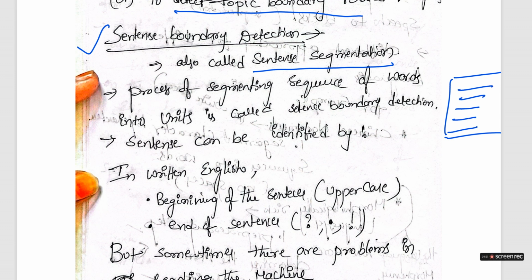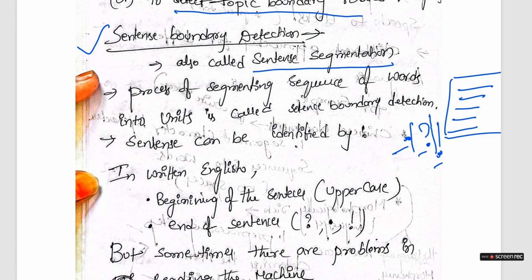First of all we need to know how we will find that something is a sentence. We use the period, that means full stop, the question mark, and also exclamation marks. By using these kinds of symbols we identify that this is the end of a sentence, and this is the end of a sentence, like that.